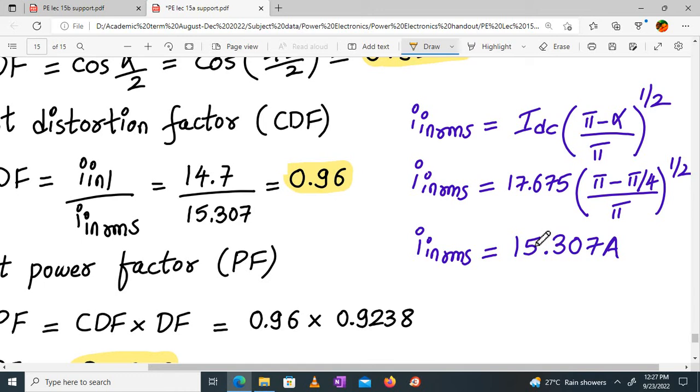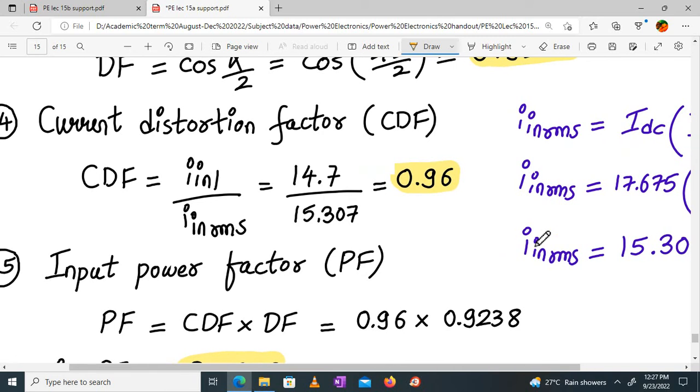Current distortion factor. First calculate IN RMS, which should come out to be 15.3 amperes. Is it coming? And then IN of 1 we have calculated 14.7. So their division will be 0.96. Coming.